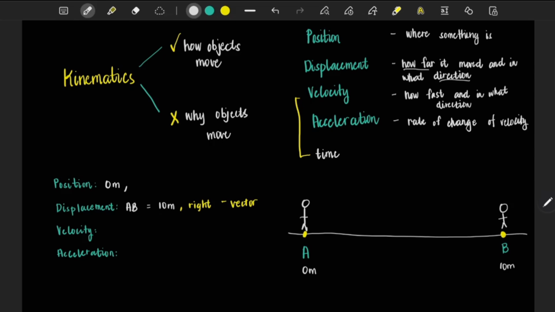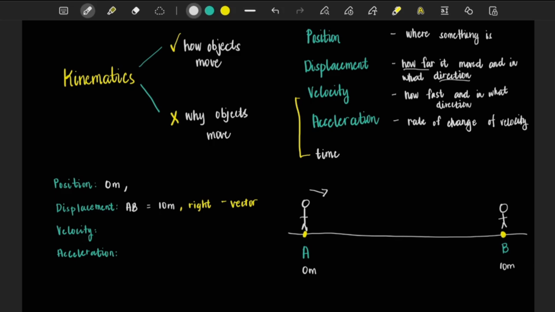Time can tell us the rate of change in the position of an object. In this example, we have a person that moved from point A to point B. And the change in its position is 10 meters, which is again known as the displacement of the person.